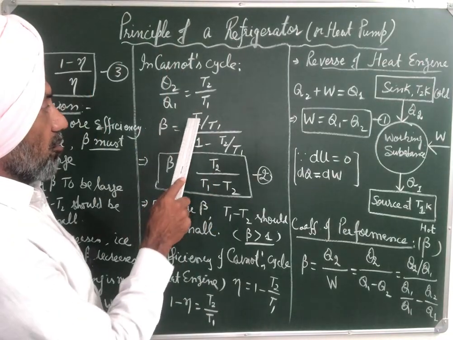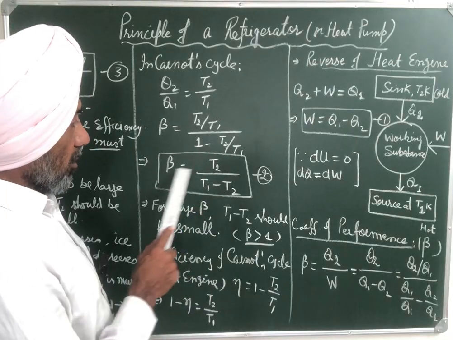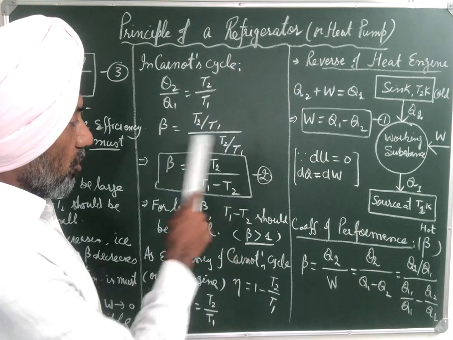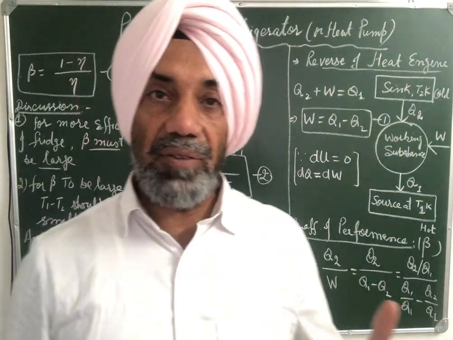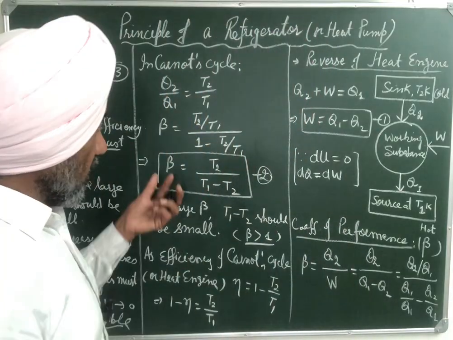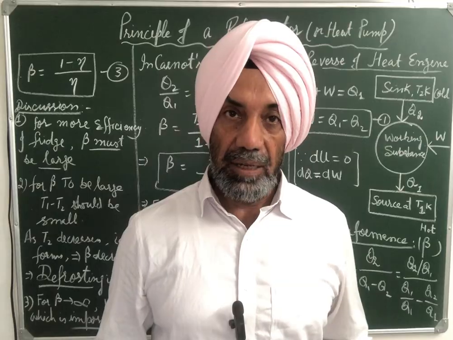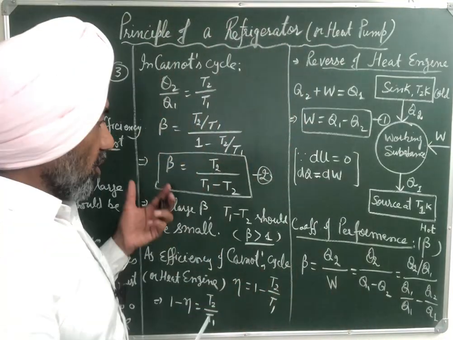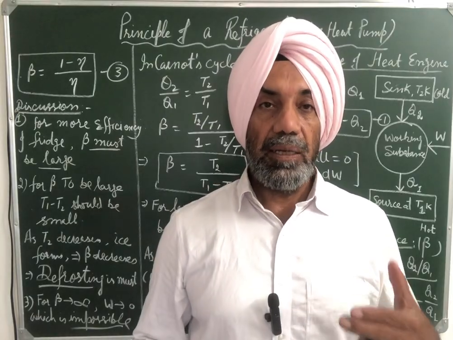Therefore, beta is equal to T2 upon T1 over 1 minus T2 upon T1, or beta is equal to T2 upon T1 minus T2, which is the required expression for the coefficient of performance of the refrigerator. The more the value of beta, the more the efficiency of the refrigerator. So the coefficient of performance determines the efficiency of the refrigerator.